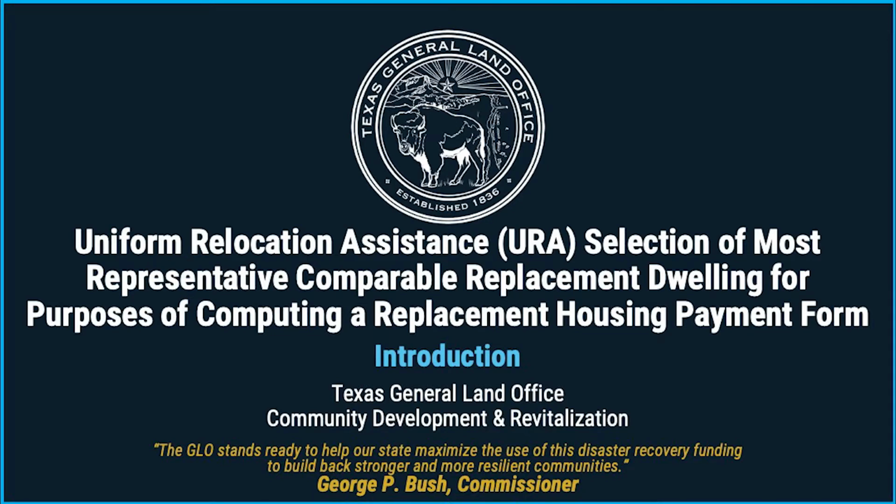Scroll down to the right side checklist section and click on the URA Selection of Most Representative Comparable Replacement Dwelling for Purposes of Computing a Replacement Housing Payment link. Once you click on the link, you will be directed to the document on HUD's website. Download the document. Please note, you will need a PDF reader or Adobe to view and edit the document.